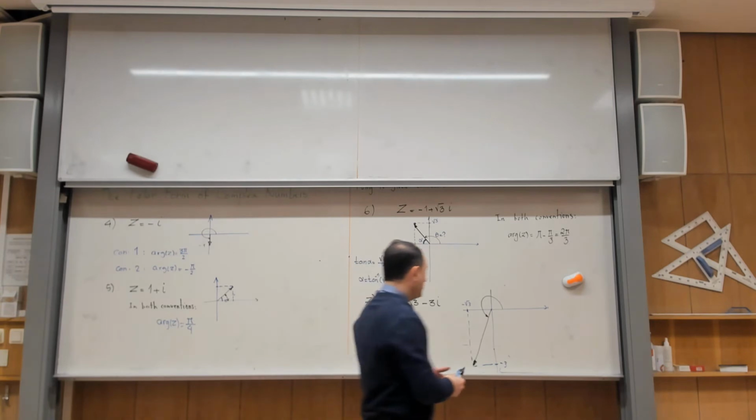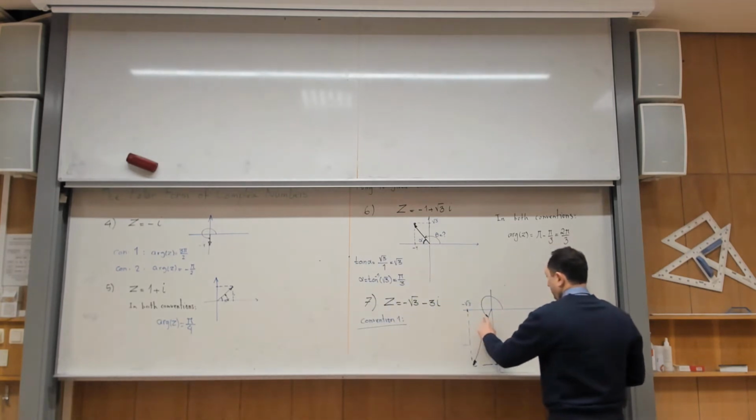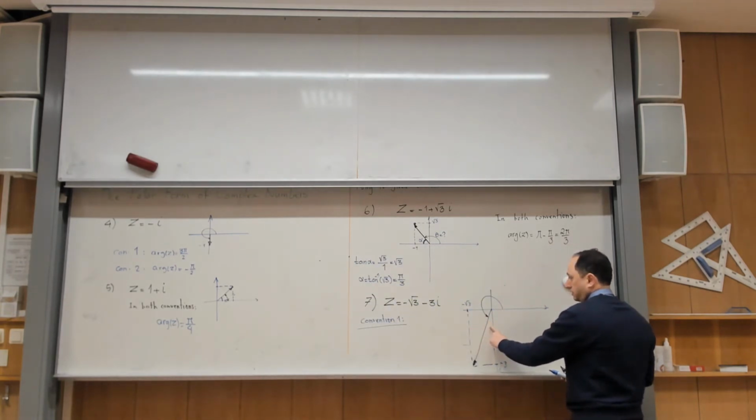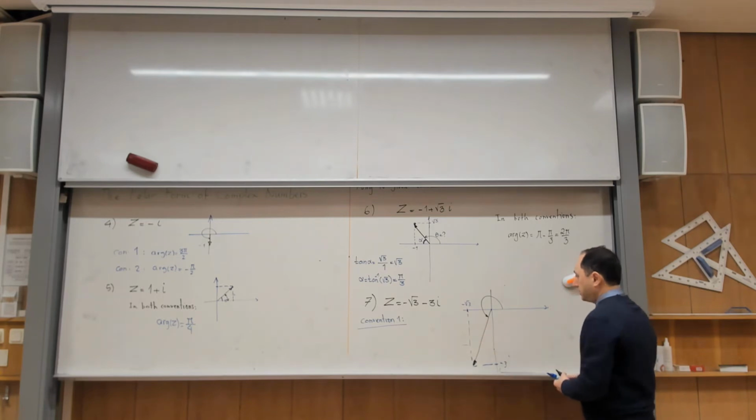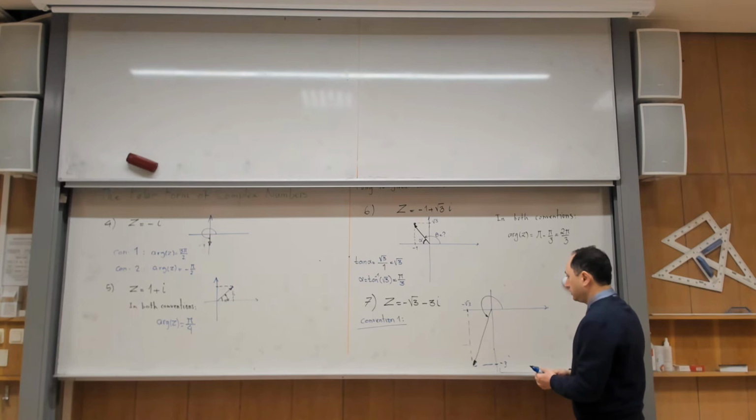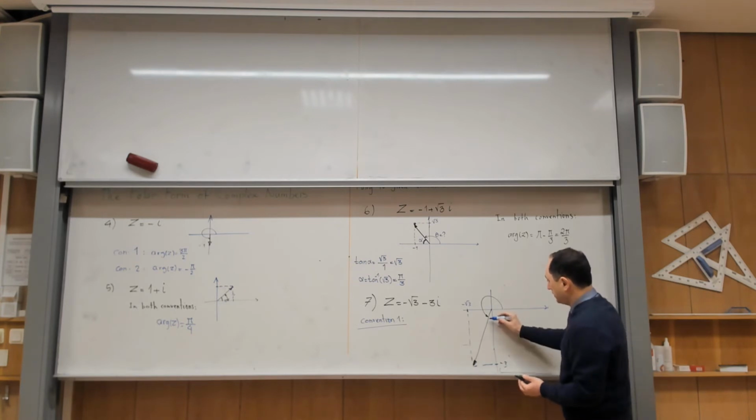Again, I recommend you to calculate one of these acute angles first. Okay, so it doesn't matter which one you want to do. And for example, let us concentrate on this one. And I will call it alpha again, but this is what you are supposed to find in the first convention.